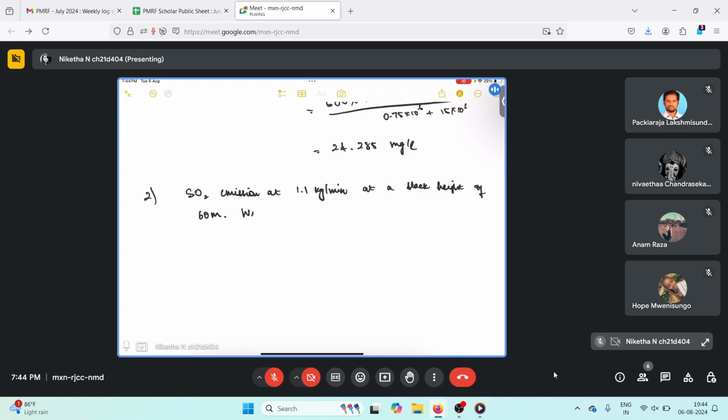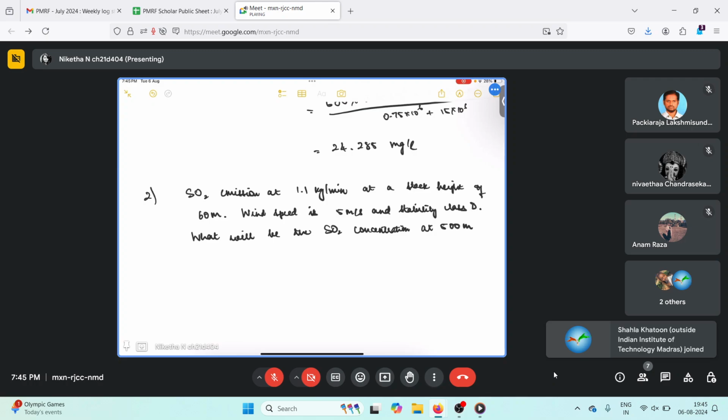Given that the wind speed is 5 meters per second and stability class is class D, what will be the concentration of sulfur dioxide at 500 meters from the point of emission at the ground level?